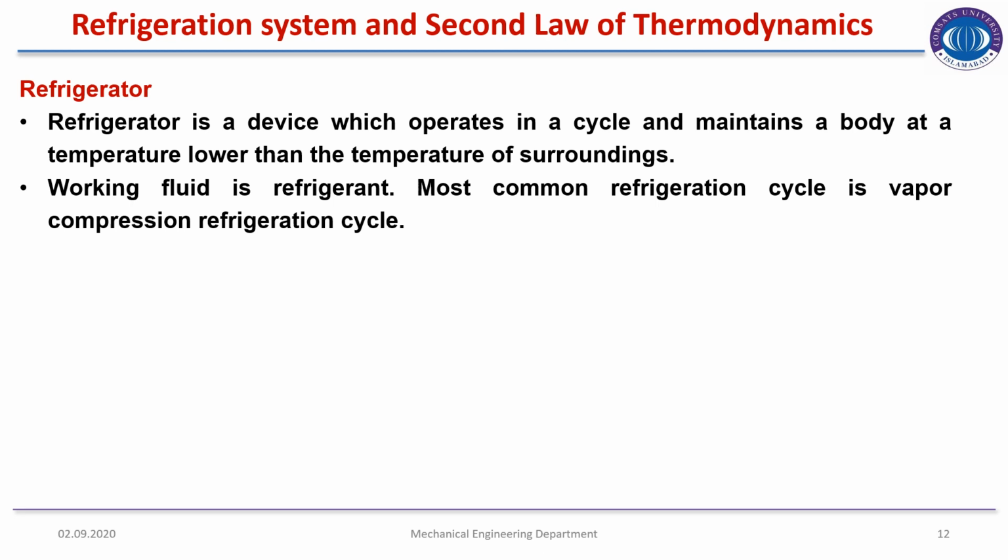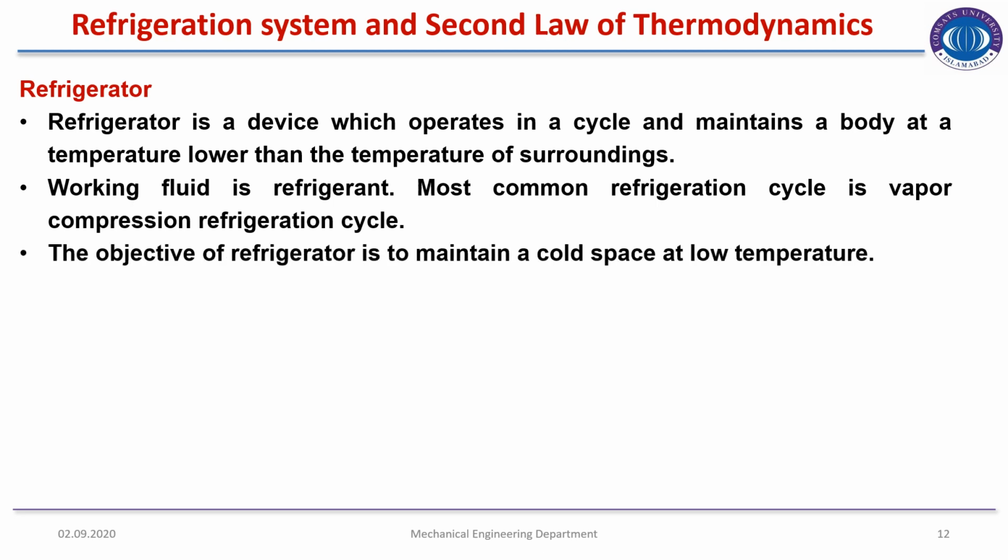So in a refrigerator, the working fluid that is flowing in the tube is a special kind of refrigerant. The most common refrigeration cycle is the vapor compression refrigeration cycle. You have already discussed this vapor compression refrigeration cycle in the previous lecture as well, so we will look into it in detail. The objective of a refrigerator is to maintain a cold space at low temperature.